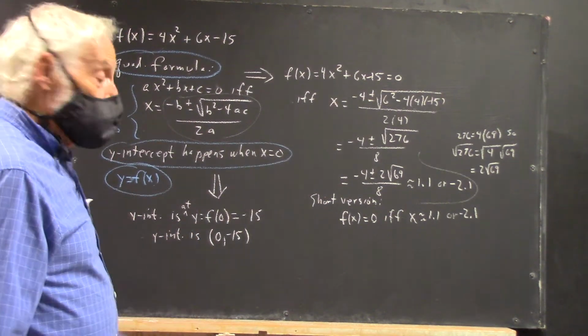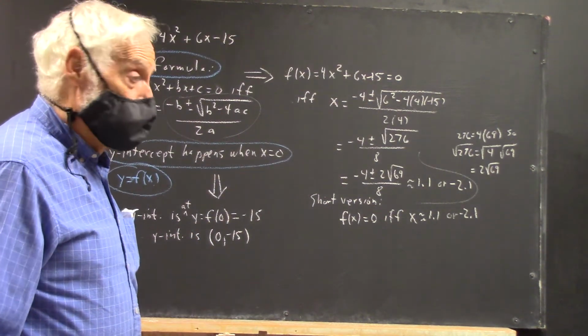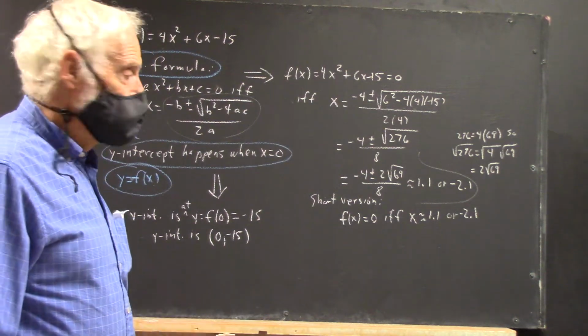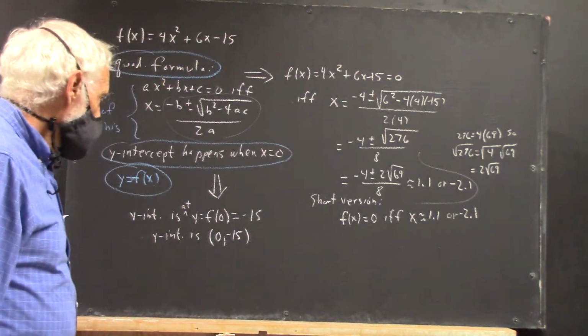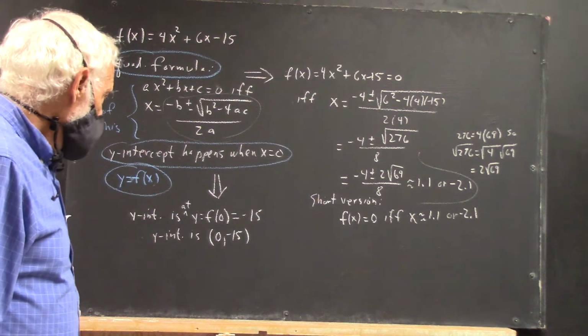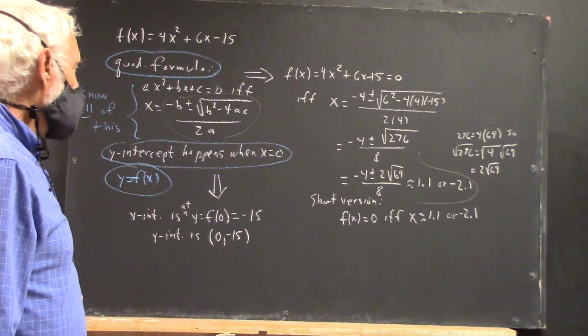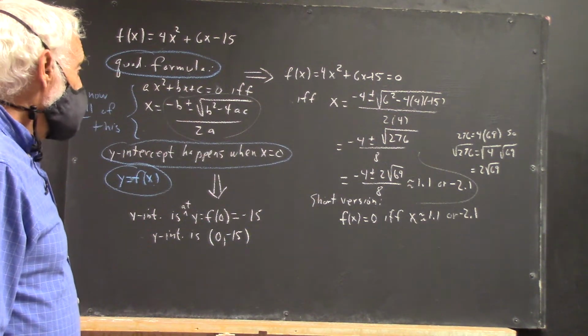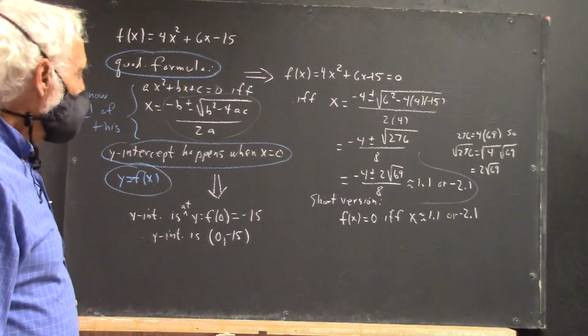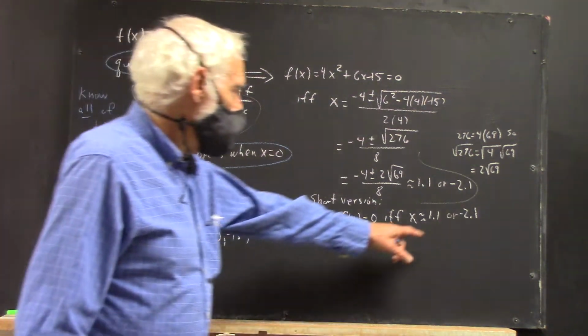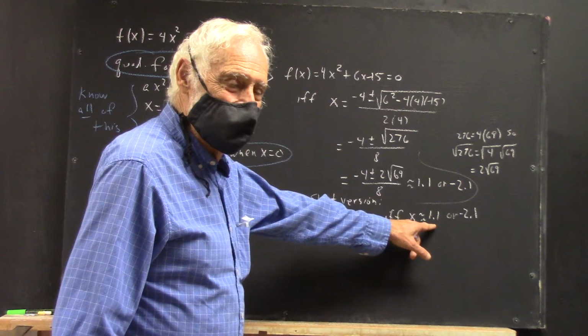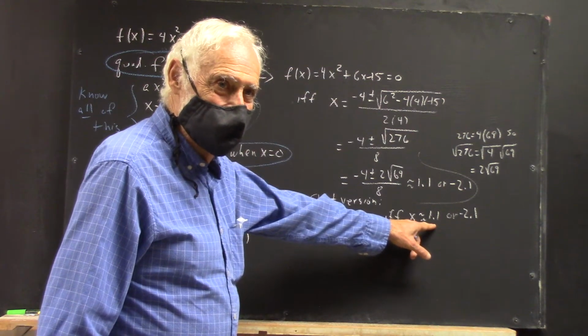If you don't write out words around it, you're going to do things that I see a lot. I think I saw at least one instance where somebody did it. They said, well, okay, so something like, okay, the y-intercept is 1.1, negative 15, okay?